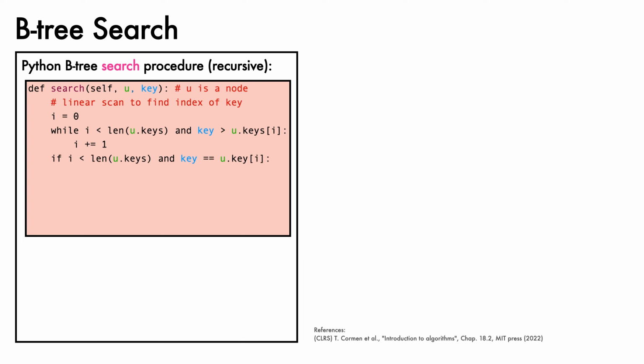If we have found the key, we return the current node and the key position. Else, if u was a leaf, our search concludes unsuccessfully. Otherwise, we perform a block read to fetch the ith child of u into memory, and call the search function again recursively on the child.